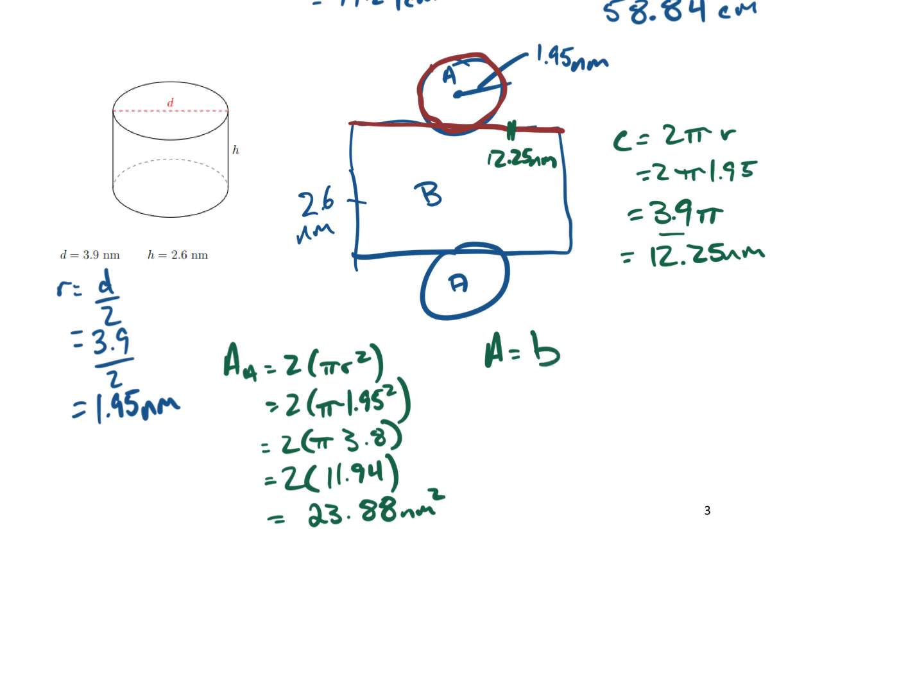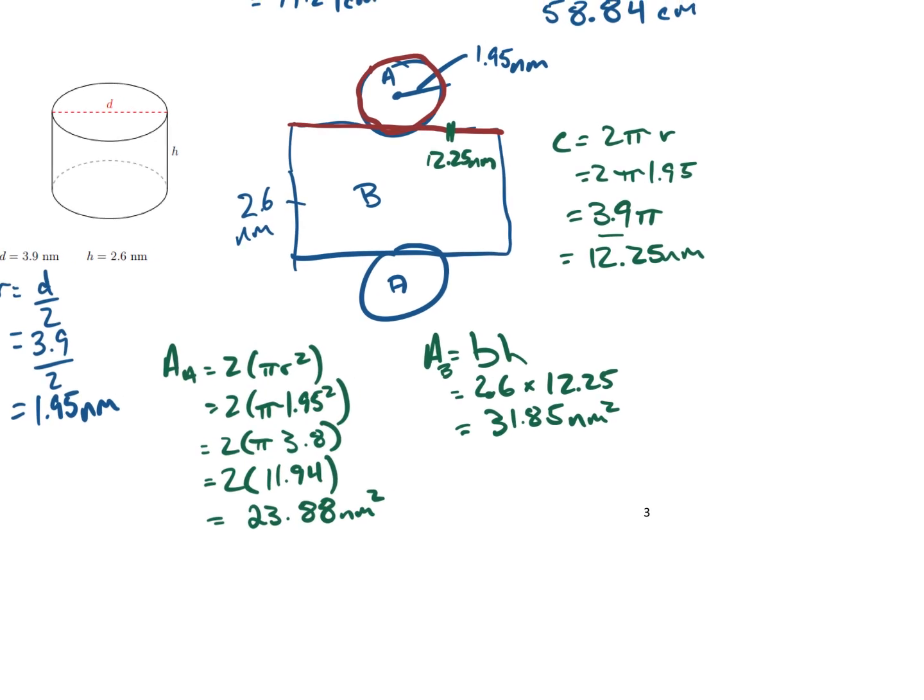Okay, area of B is base times height, so I get 2.6 times 12.25, and that's going to give me 31.85 nanometers squared. And then my last step, I'm just going to move this over just a little bit so I have a little bit more room, is to add those two together.